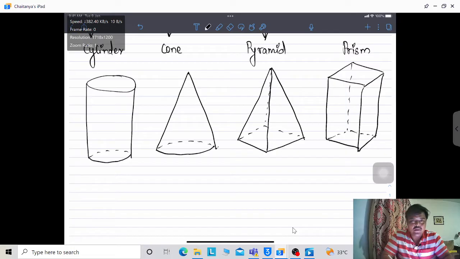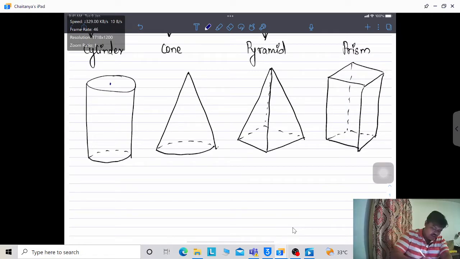In these four types, you just need to know the technical aspects. They will always focus upon the axis height. The height of the solid is defined by the axis. Where is the axis? There is a center here and a center here, and the line going through them is called the axis. This is the apex, in pyramid as well as cone.